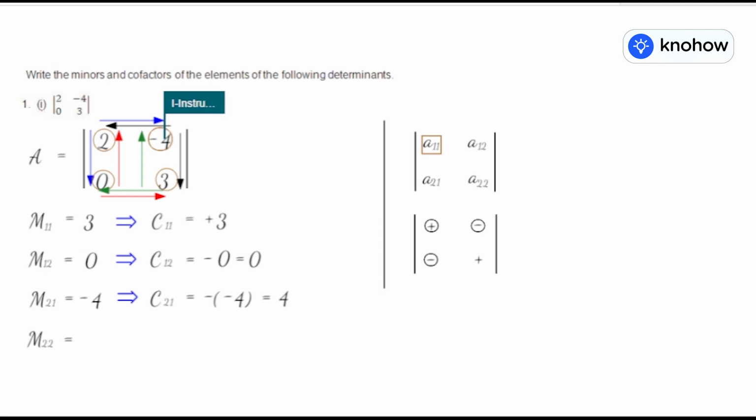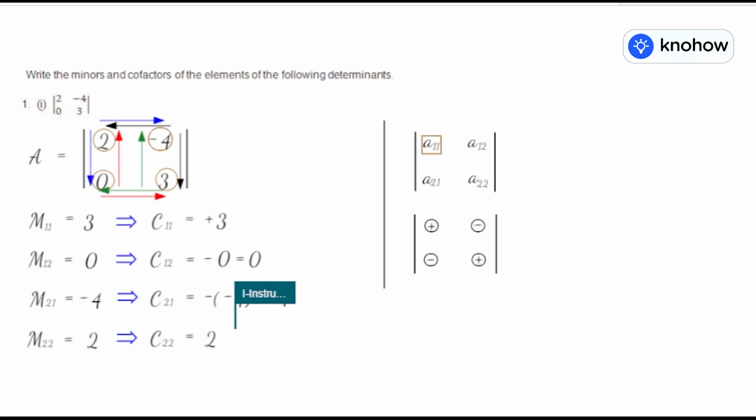It is easy in a second order determinant, you just take the opposite number. It is 2. And it is at this place, so positive only. So C22 will remain the same, that is 2 only. So we can work out the minor of an element in a second order determinant as just the opposite element, and for the cofactor you impose the proper sign, and you know the proper sign.